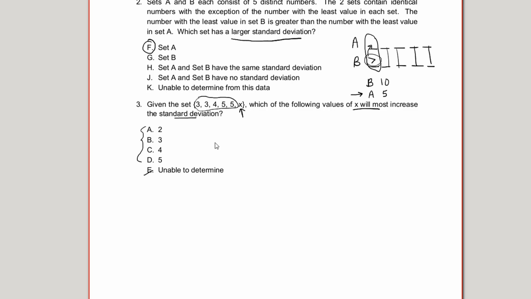Or in general, what we could say is the one value of these 4 that produces the most of a difference, that's not like the other values that we are given, is 2. Answer choice A is going to be the one out of these 4 that will give us the biggest increase, the most increase in the standard deviation. So that's answer choice A, 2.